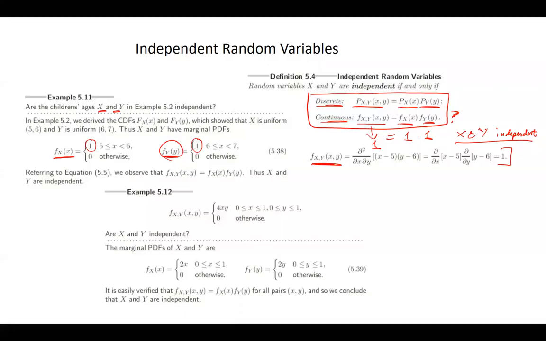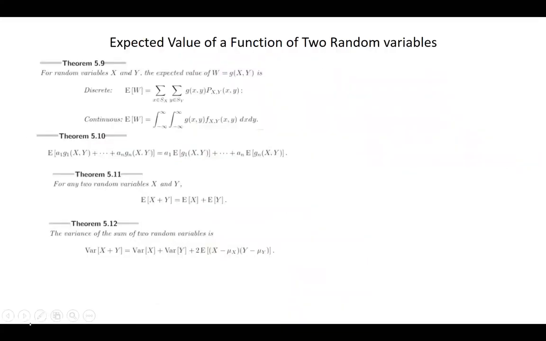Okay. That's quite easy when the functions are simple. When we get to complicated functions, we have to do some calculation, and this example may require some calculations. You can do that by yourself. Expected value of a function of two random variables.